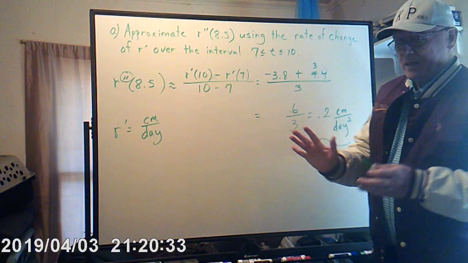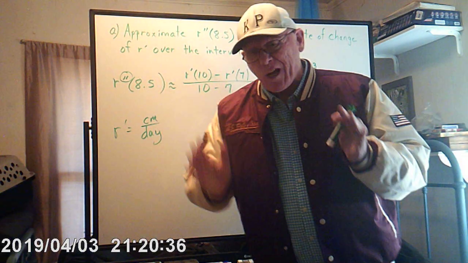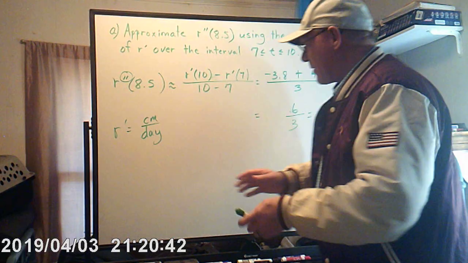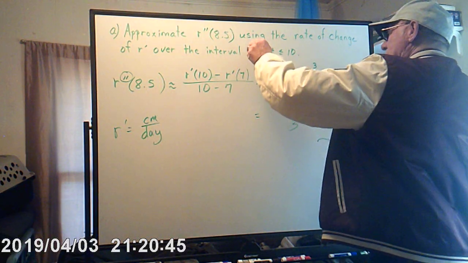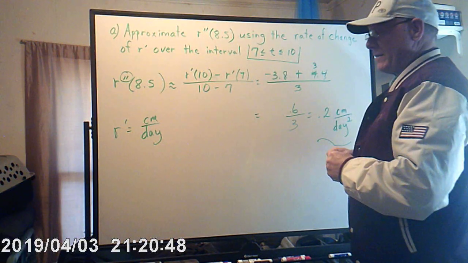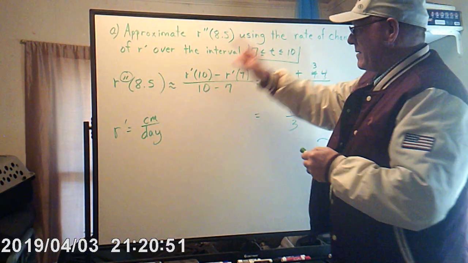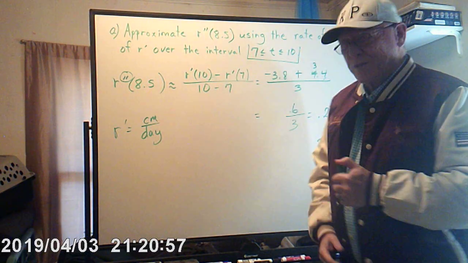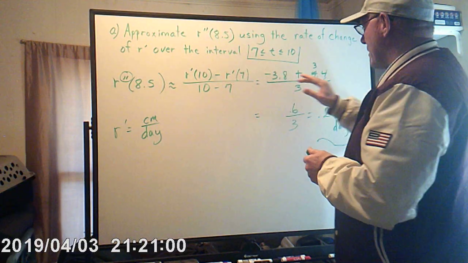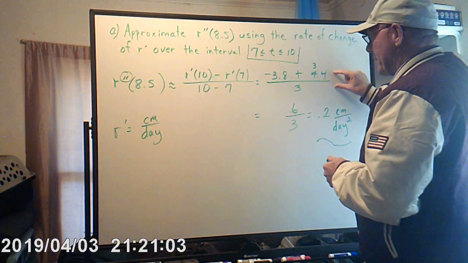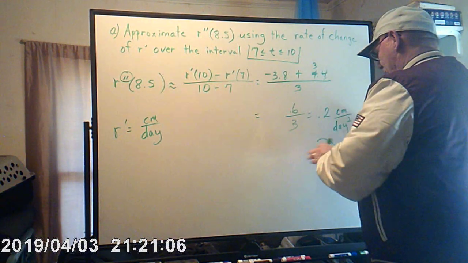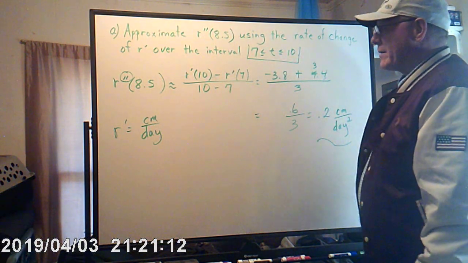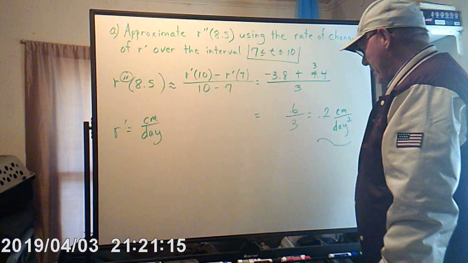Again, you have to be able to do this by now. This is one of the easier type problems. The key to understanding it is really looking at this interval right here: R prime at 10 minus R prime at 7, over 10 minus 7. Always a minus between those. Simply plug the numbers in and then figure it out. Centimeters per day squared.